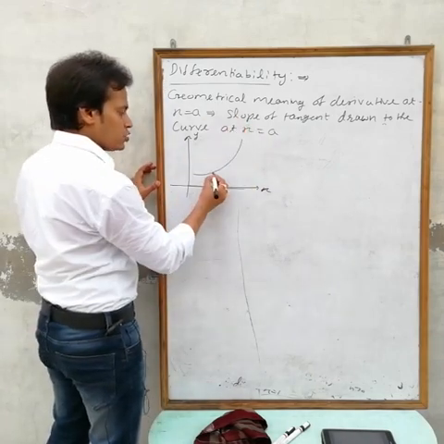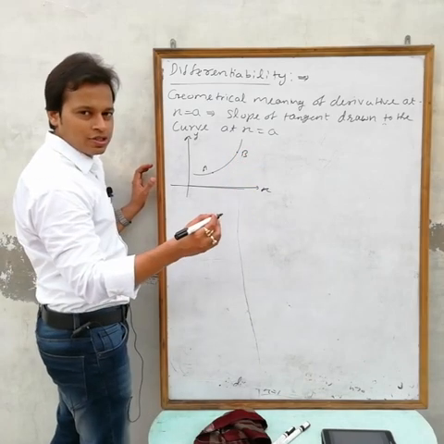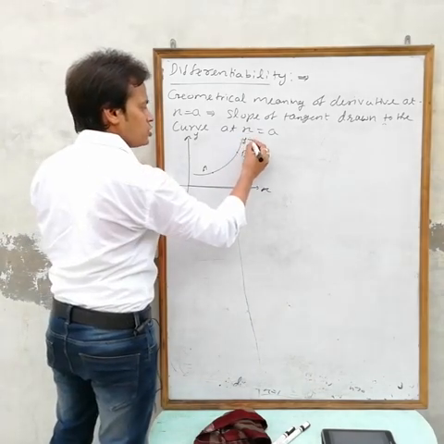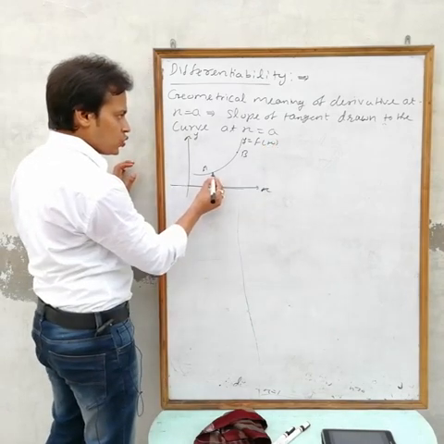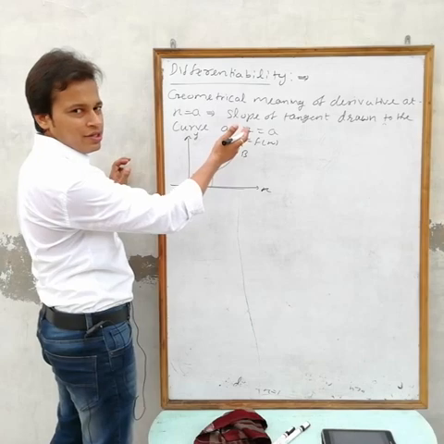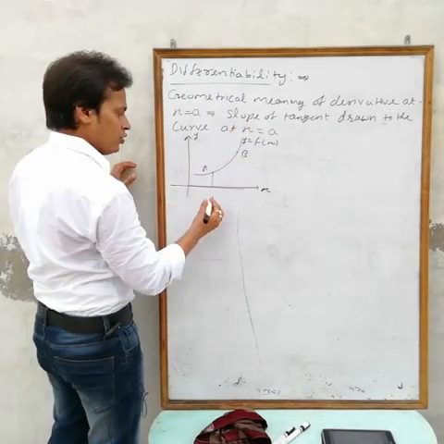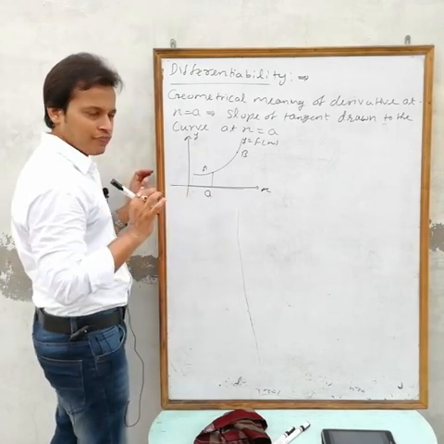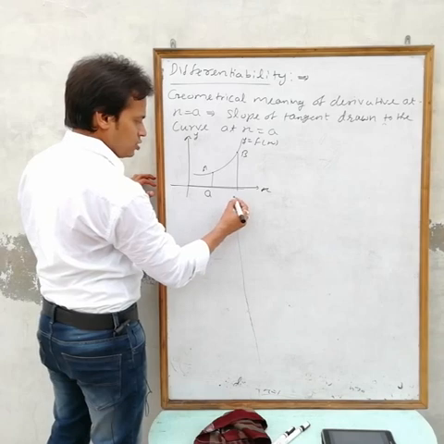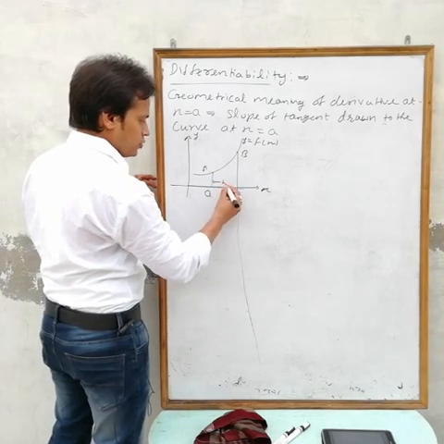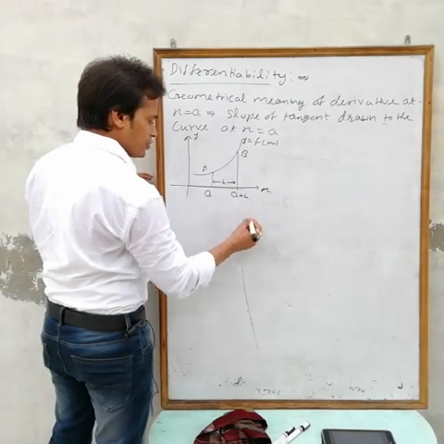This is point A and this is any other point B on the curve. The function is y equals f(x). We want the slope of the tangent at x equals a, because this represents the derivative. Suppose the x coordinate of A is a and that of B differs by h, so it is a plus h.